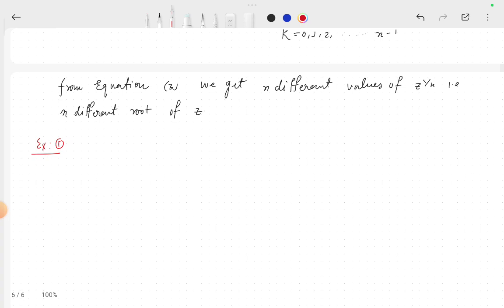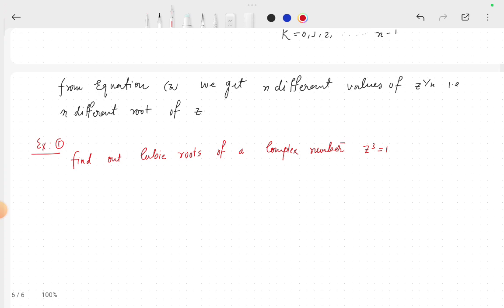Find out the cube roots of a complex number, that is z cubed equals 1.